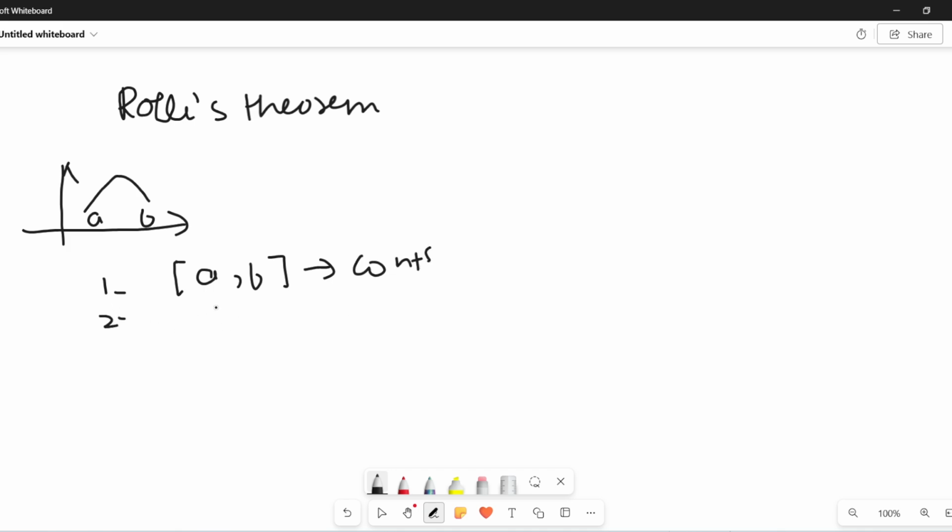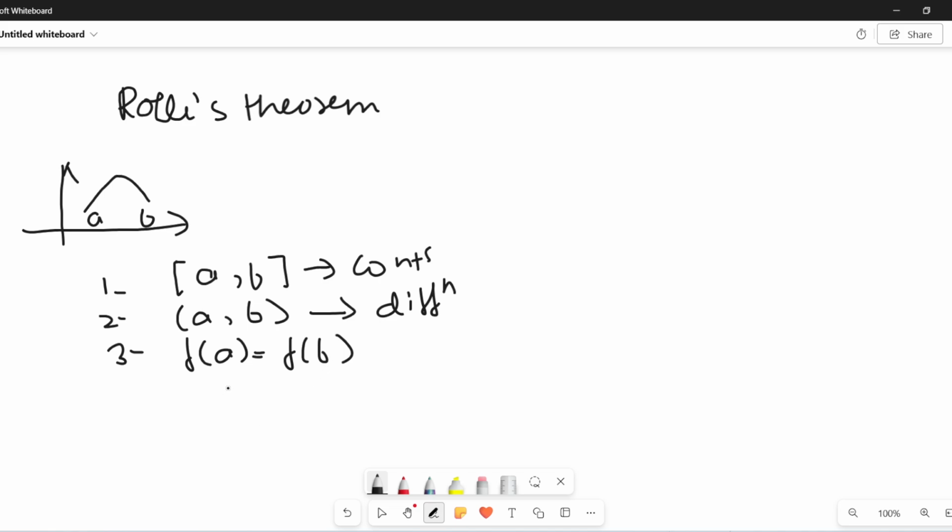Second condition, the function is differentiable in the open interval (a, b). And third condition, the value of the function f(a) equal to f(b), where f'(c) equals 0. All three conditions satisfied, then Rolle's theorem is applicable.